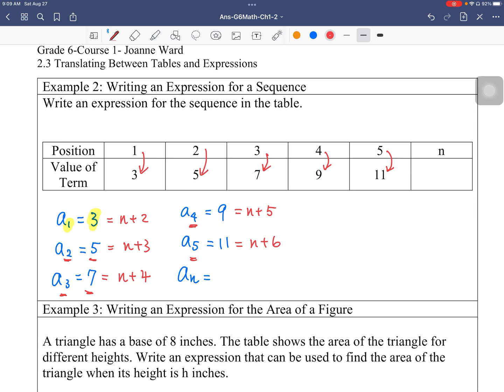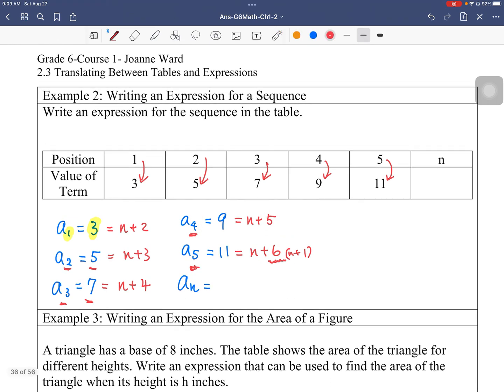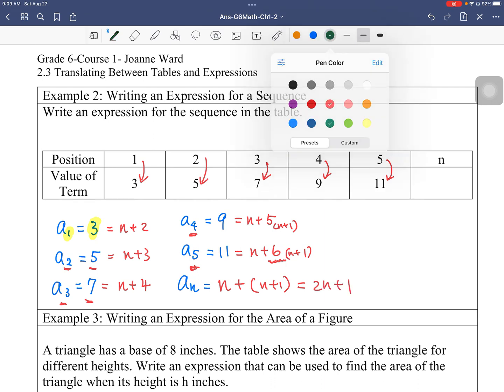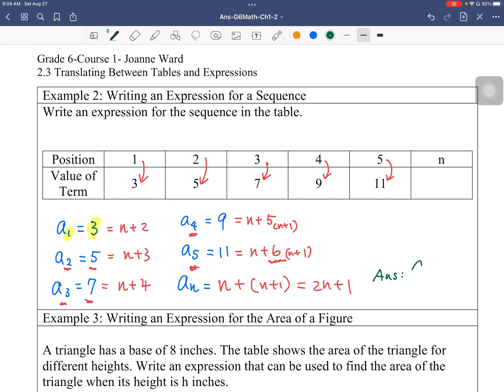To write this as an addition, I can see that this 6 is actually n plus 1, because my n is 5, and 5 plus 1 is 6. And when it's 4, it's 5, which is also n plus 1. So my an is actually n plus n plus 1, which equals 2n plus 1. So the answer here is an equals 2n plus 1.